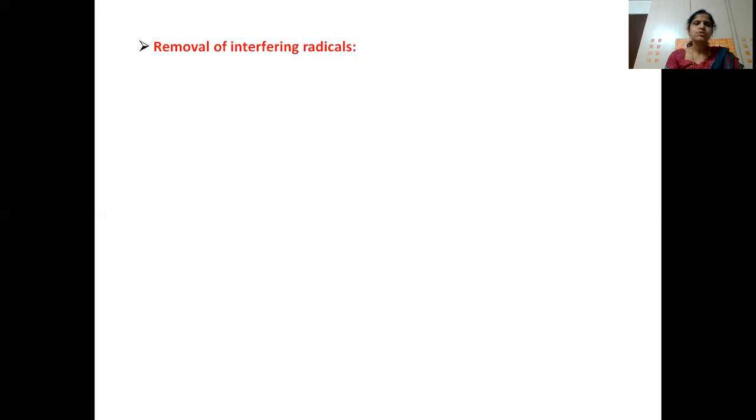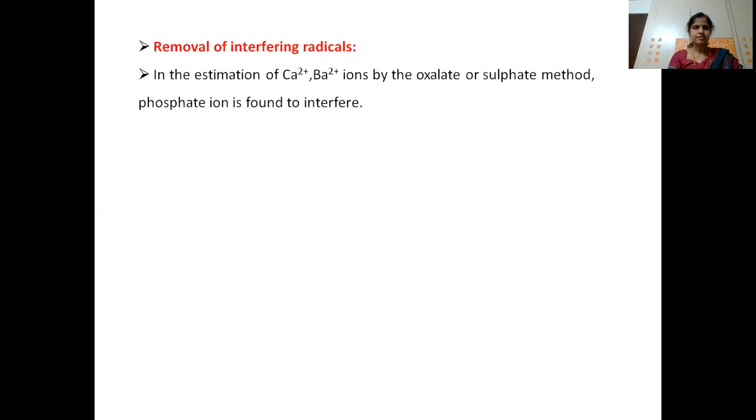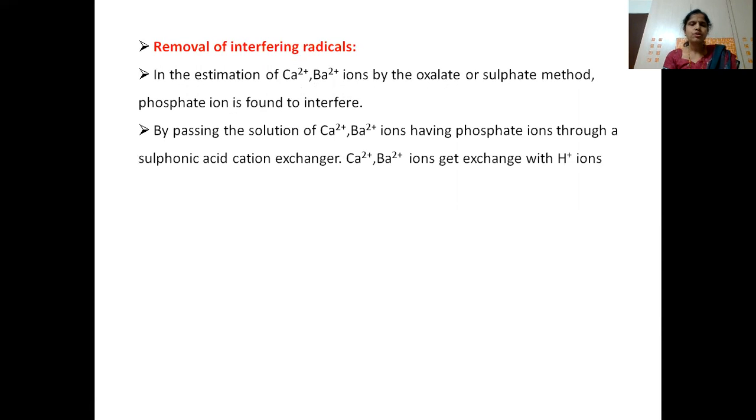Then it is also used in the removal of interfering radicals. For example, in the estimation of calcium or barium ions, we can estimate these ions with the help of the oxalate or sulfate method, where phosphate ion is found to interfere. So what we can do is separate or estimate this calcium or barium using, as these are positively charged, isn't it?